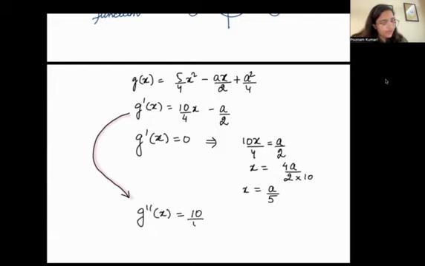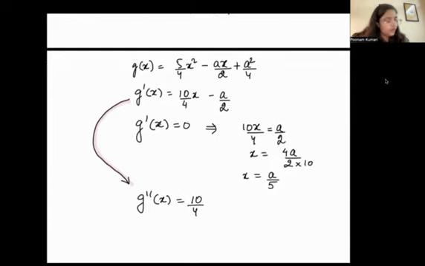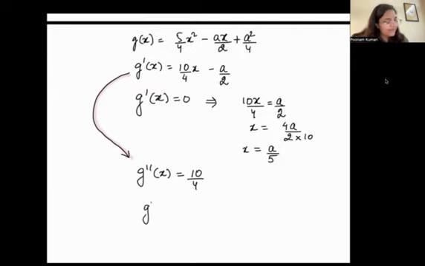10 by 4. Yes. So this double derivative value at a by 5 will also be 10 by 4. Yes, ma'am. And when your double derivative takes a positive value, what do you get?